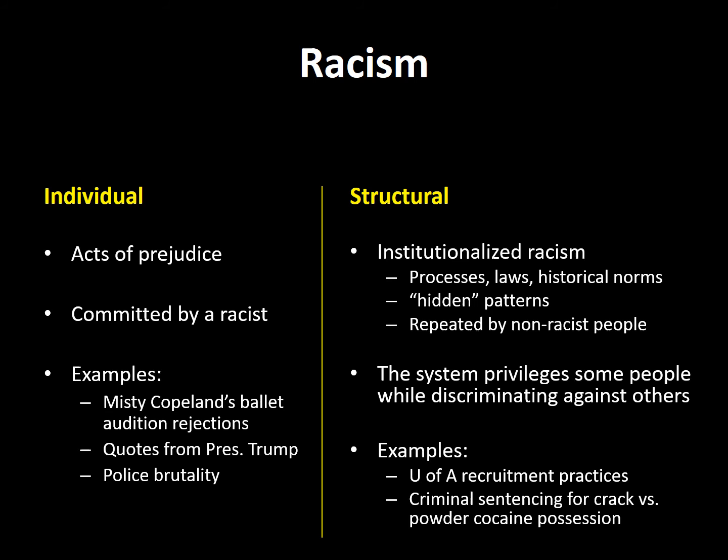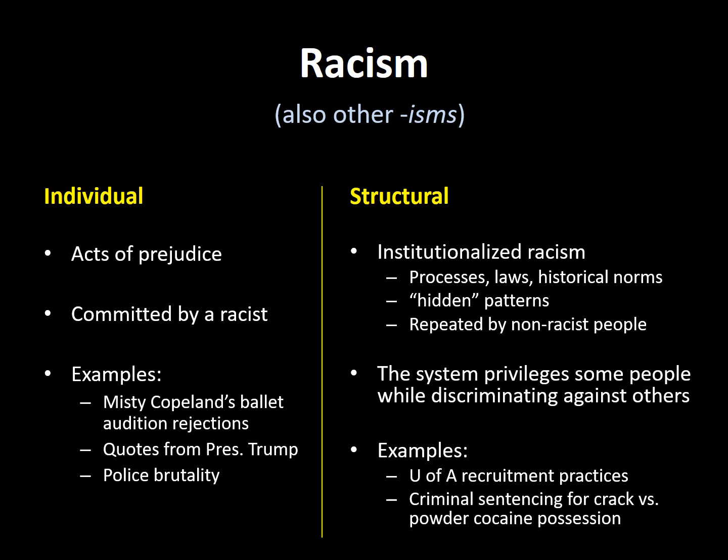It's when the system privileges some people while at the same time discriminating against others. And some examples include a U of A recruitment practice, which I'll tell you about next, and criminal sentencing laws that differ for crack versus powder cocaine possession.